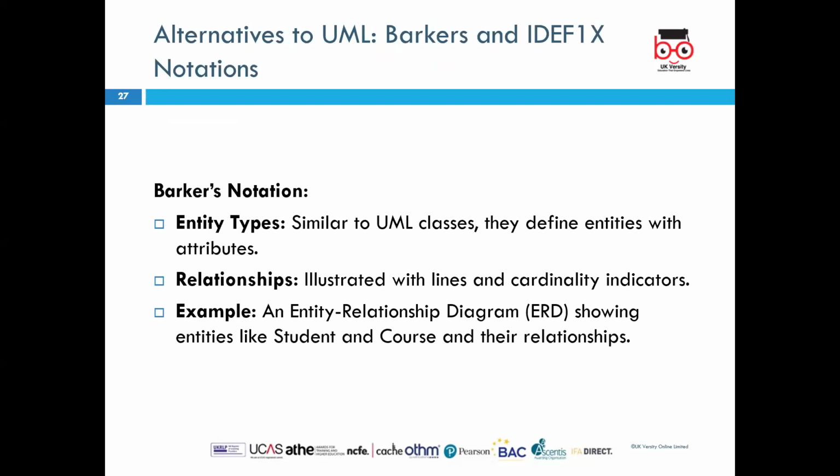Alternative notations to UML are Bachman and IDEF1X. With Bachman notation, we have entity types, attributes, and relationships, where the entity types are very similar to UML classes and represent our entities and attributes, while relationships outline the cardinality indicators.